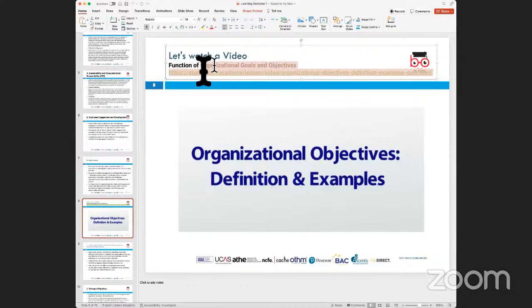Now, there is a short video available which explains these objectives. What I want to do is play this for you, so that you would be able to see what we have covered so far, explained pictorially as a video, explaining why organizations have objectives and why they're important when they are set up.